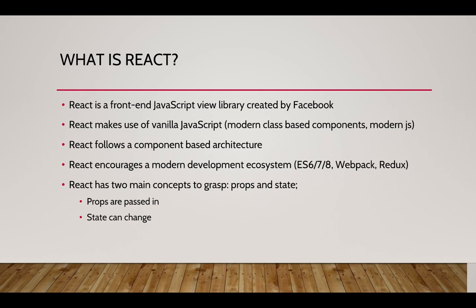So React, like a lot of front-end frameworks nowadays, follows a component-based architecture. Everything in React is a component. And this favors a common design principle, composition over inheritance, right?